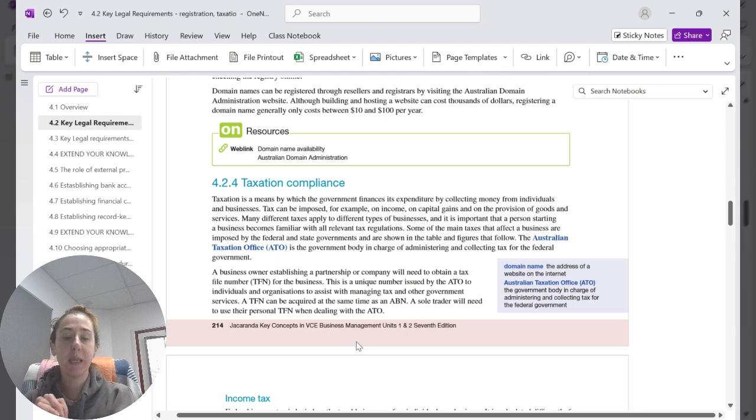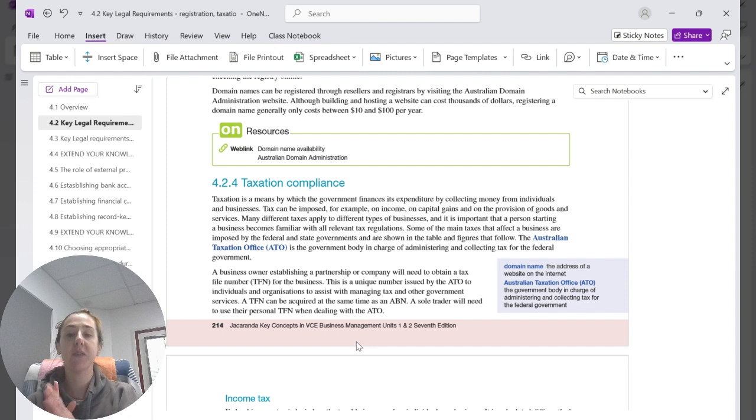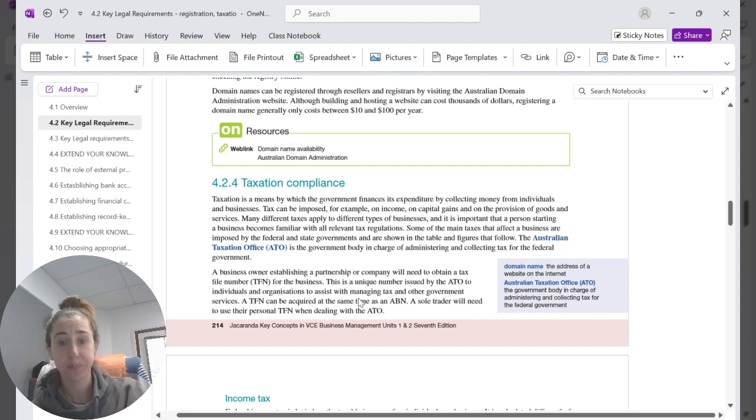A business owner establishing a partnership or company needs to obtain a tax file number, or TFN, for the business. Most of you will have your own personal tax file numbers as well, or will be looking to get one so that you can operate in the workforce.